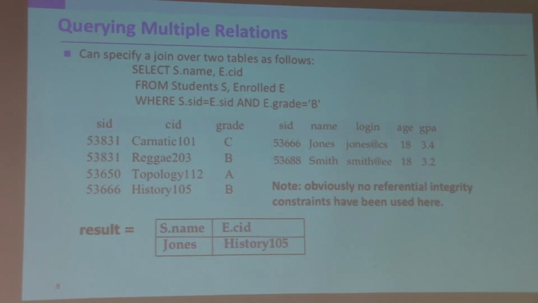Suppose this is all the data that I have. This is table 1, this is table 2. So this SID and there is SID, right? Just think of the thing that I specified a couple of minutes ago. So you can see 53688, is that present over here?